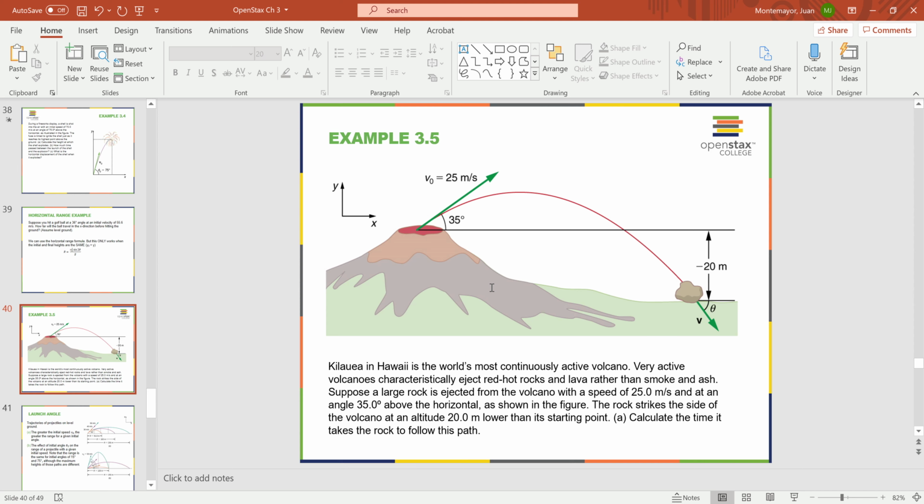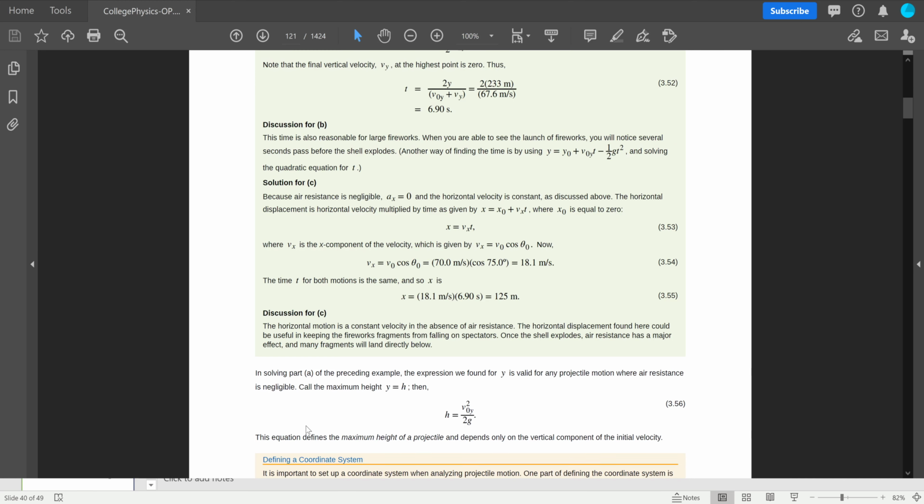The rock strikes the side of the volcano at an altitude of 20 meters lower than the starting point. So we automatically can't use this equation. Calculate the time t it takes for the rock to follow this path. So we know here's our starting point, here's our destination. So we have to solve how long it is going to take for the rock to hit the ground.